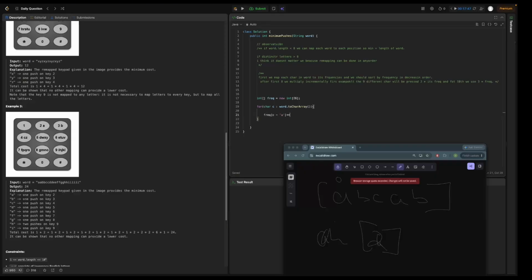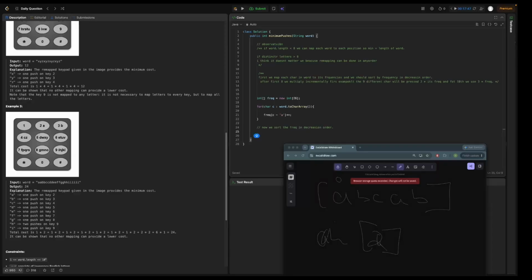If I get A, frequency of 0 means A, and initially it's all 0, so we increment it. Okay, so now I have an integer array. Now sort the frequency in decreasing order, right?